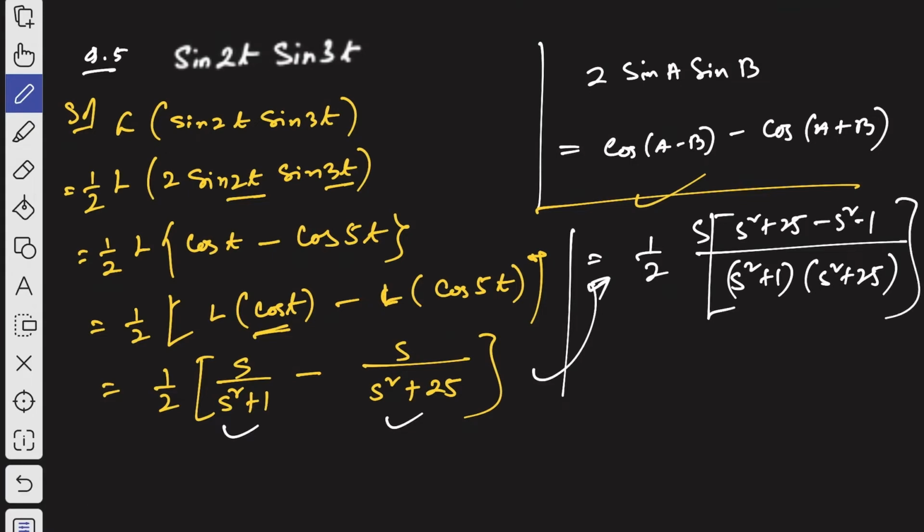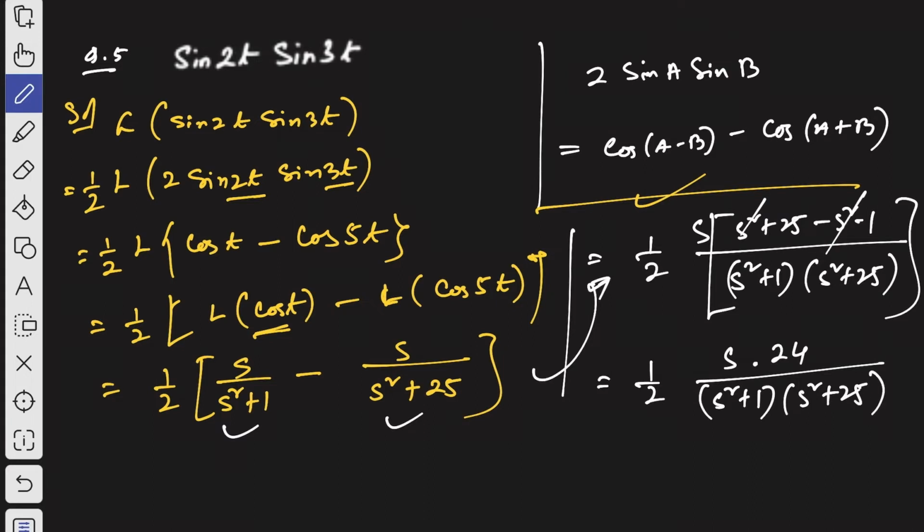That's what we will get. So here s square minus s square gone, so half s into 25 minus 1 is 24 by s square plus 1 into s square plus 25. That's what we will get, and 2 12s are 24.